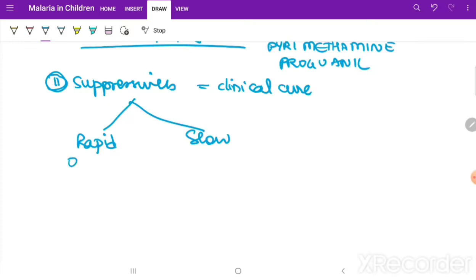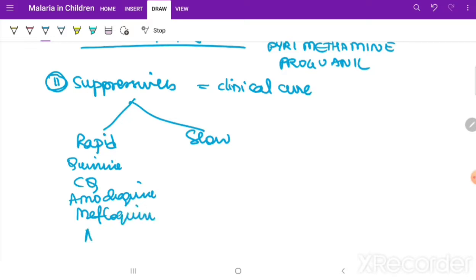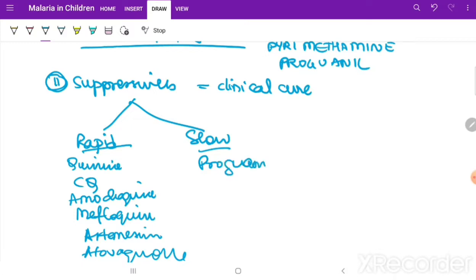In the rapid acting, we have quinine, chloroquine, amodiaquine, mefloquine, artemisinin, atovaquone. In the slow acting, we have proguanil, pyrimethamine, and sulfadoxine.